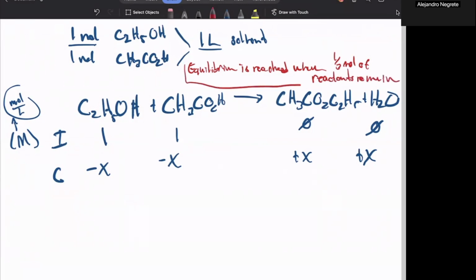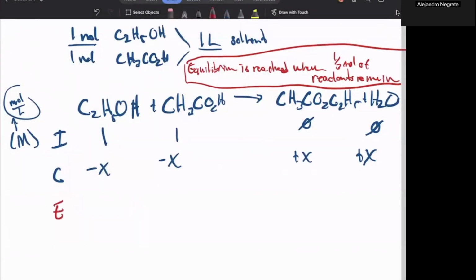This is really important information for this problem. On the exam, I'll make it pretty explicit, and I don't like working with fractions, but we're going to have to work with fractions here to get this one solved. Equilibrium is reached when 1/3 mole of the reactants remains. So that's pretty important for us.